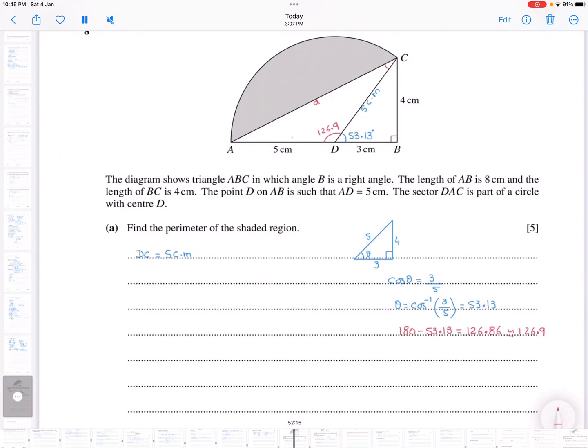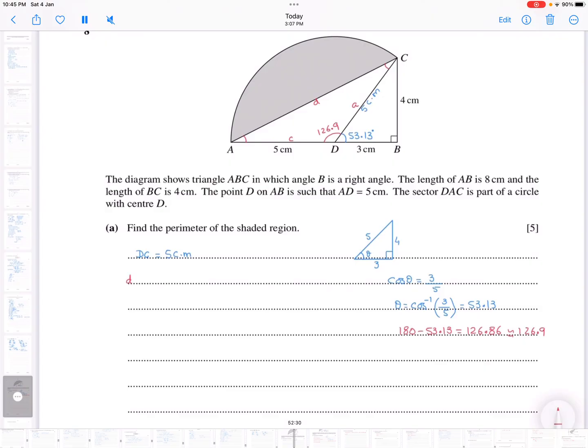So now opposite to D is my small d, the length AC. Opposite to C is my small c, the length AD, and opposite to capital A, the small a, that is the length of DC. Why am I writing this? Because you should know that for an included angle triangle, to work with this angle, you have to use cosine rule. What is an included angle triangle?